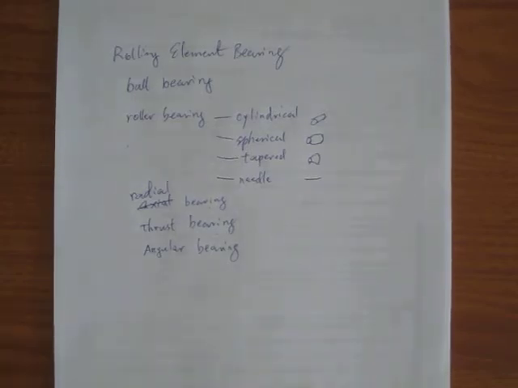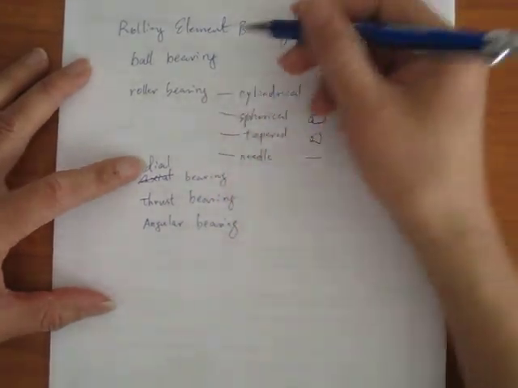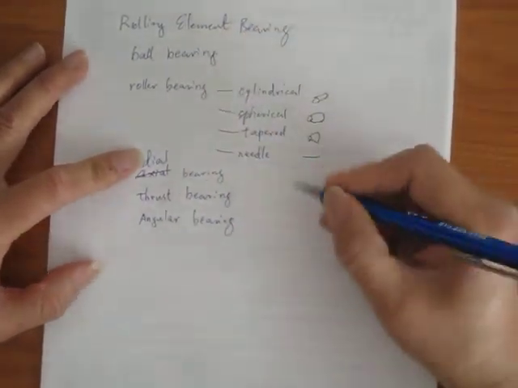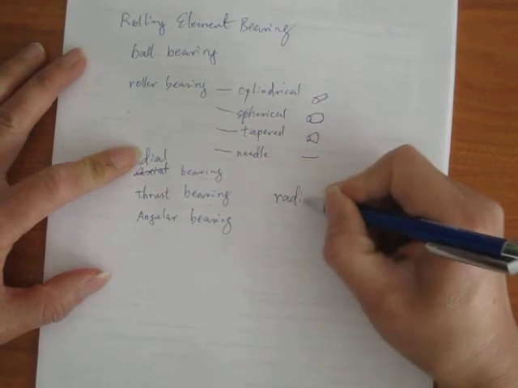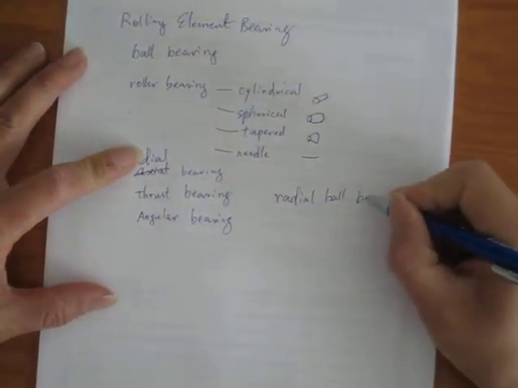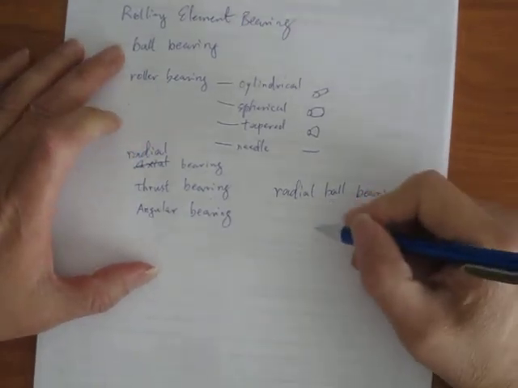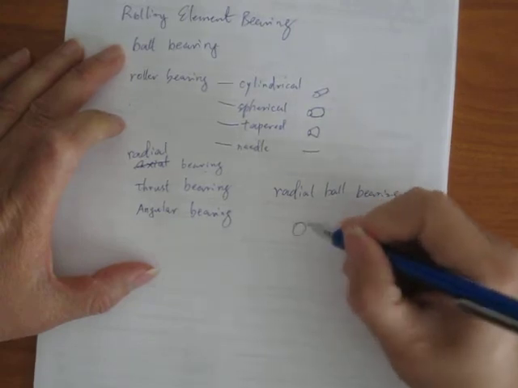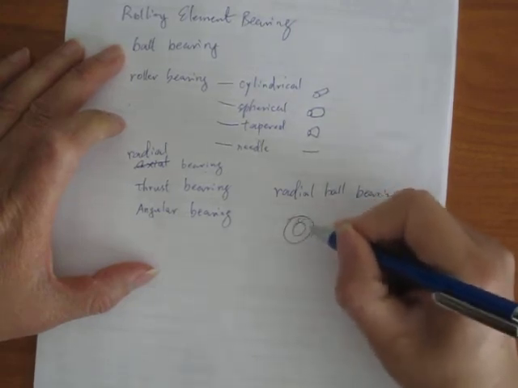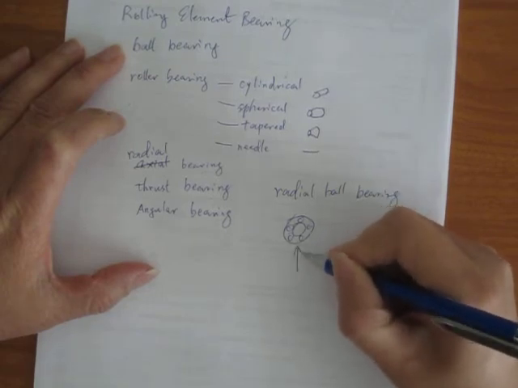Now, for any radial ball bearing, that's the most common radial ball bearing, the design is that mainly you have balls here, you're taking radial load.